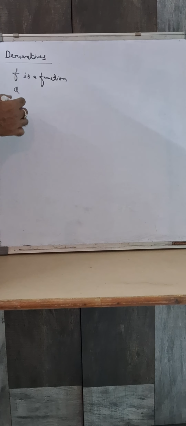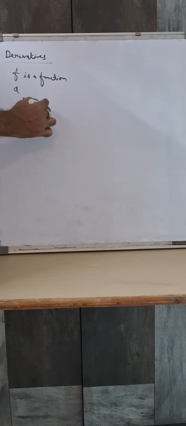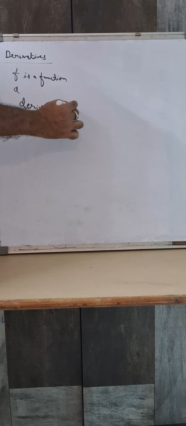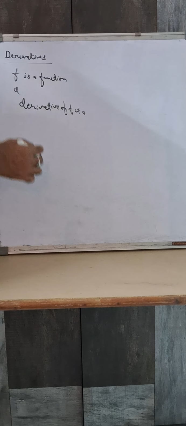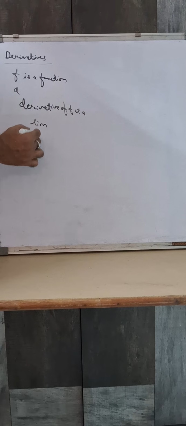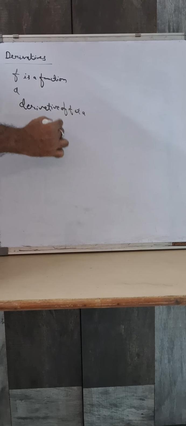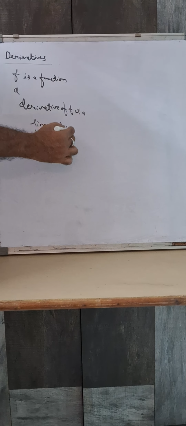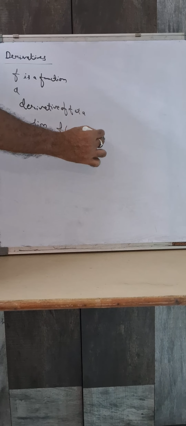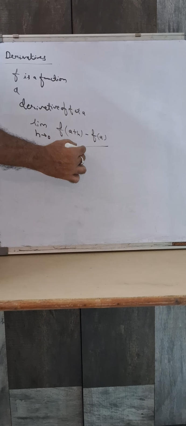So the derivative of f at a will be the limit as h tends to 0 of f(a plus h) minus f(a) upon h.